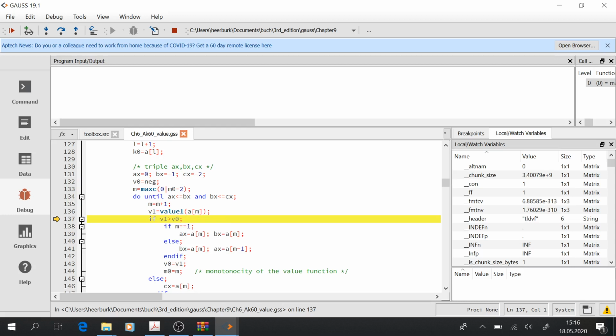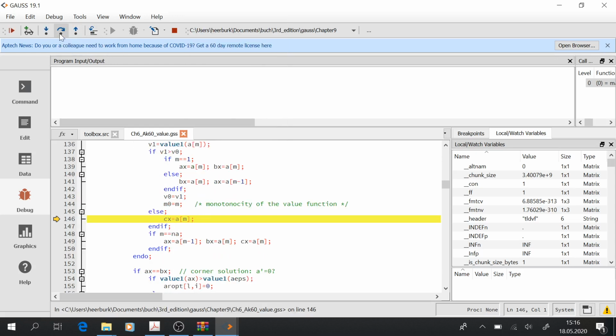Remember that if the value function decreases, we know that the maximum has to be on the left-hand side of the present value. So it has to be to the left of 0.05. So in this case, we set the upper interval for the golden section search equal to this point, which is 0.05.